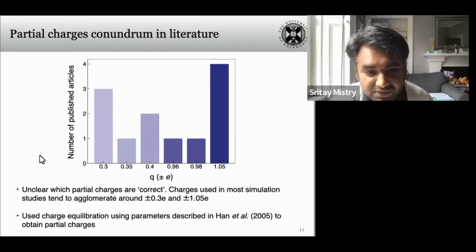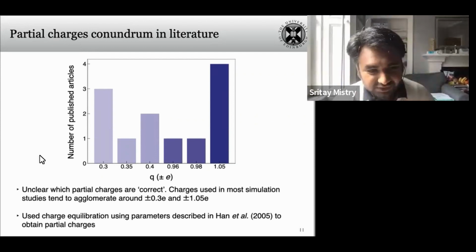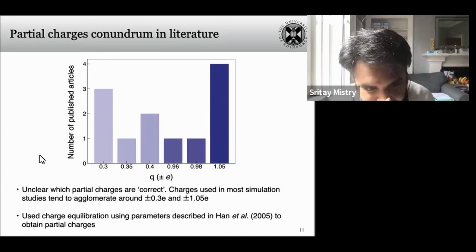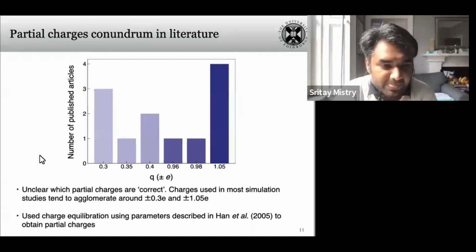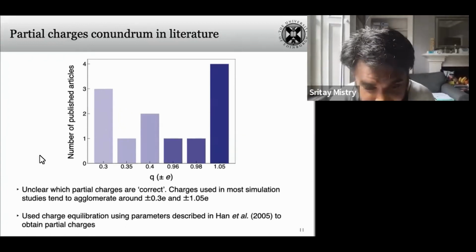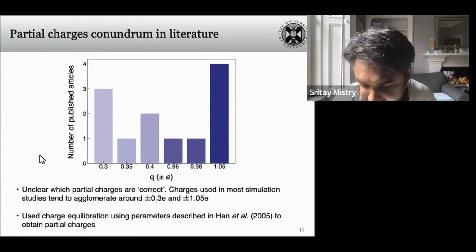There are papers which use a value closer to 1. So you have these two sets of charges. We tried to carry out a small charge equilibration using some parameters from the literature, and we found a charge which is closer to plus minus 1.